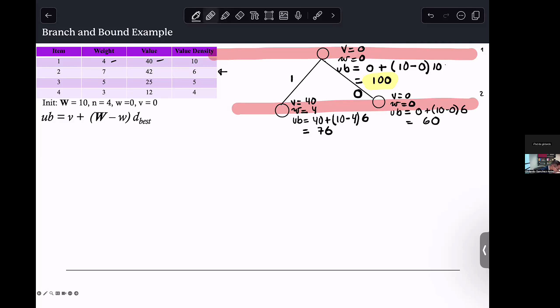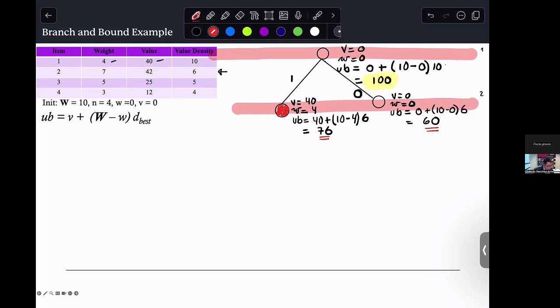And now let's compare the values of 76 and 60. 76 is bigger, of course, than 60, meaning that it is better for me. I get a better promise of value if I choose to include item 1 into the knapsack than if I choose to leave it. So I will include it into the knapsack, meaning that this is the node that I will expand.